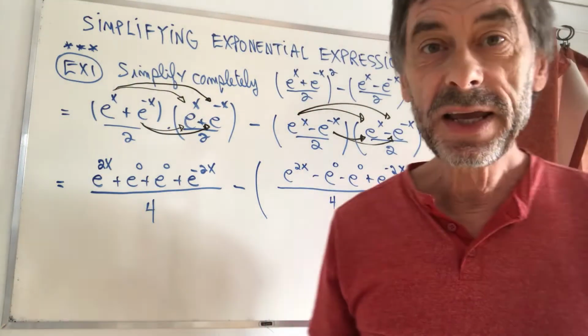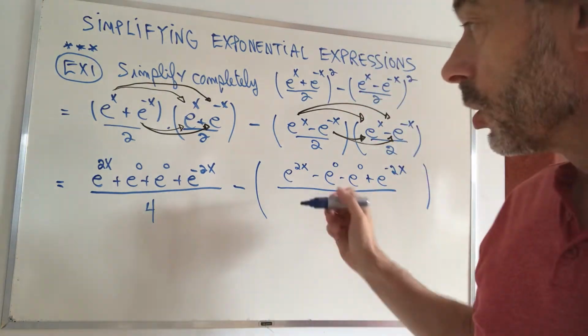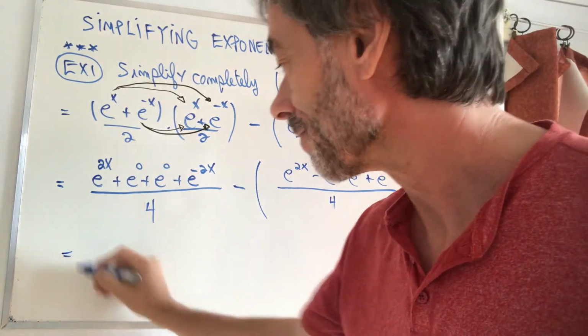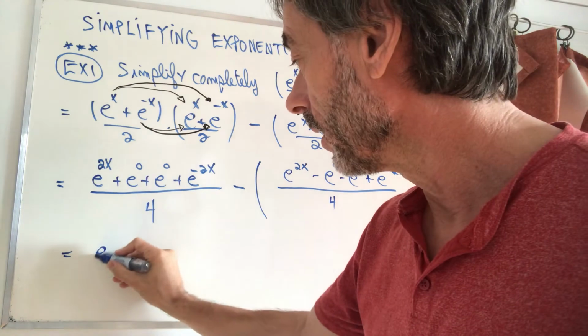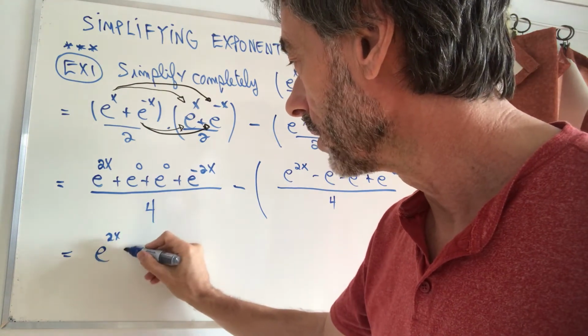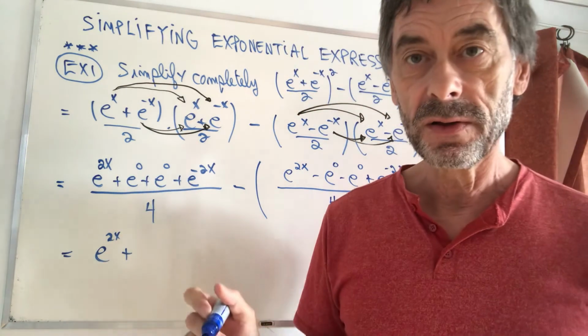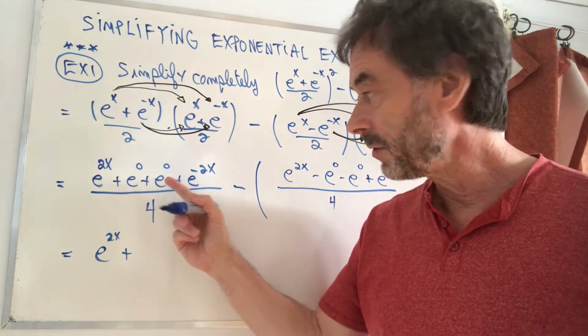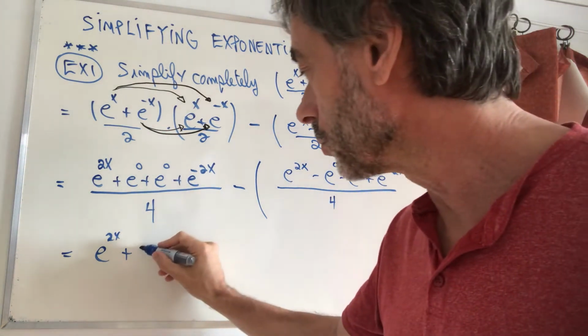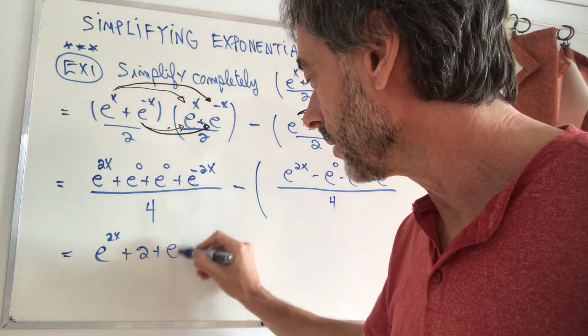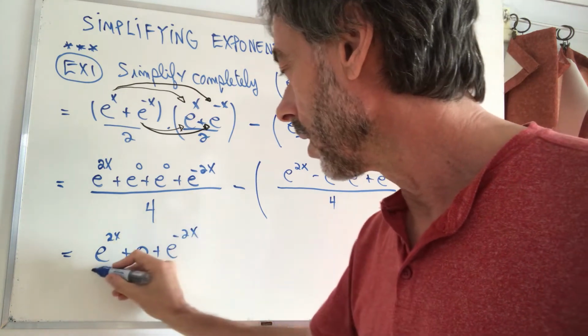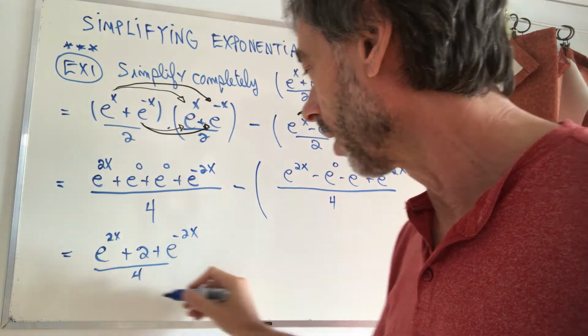Wow, that is a fairly involved expression. Good. So what do we got here? E to the 2x plus, what's e to the 0? 1. Another e to the 0. 1. So that's 2. Plus e to the minus 2x all over 4.